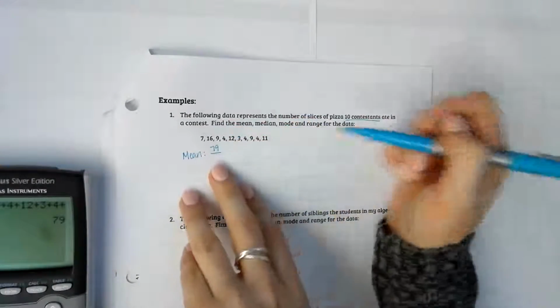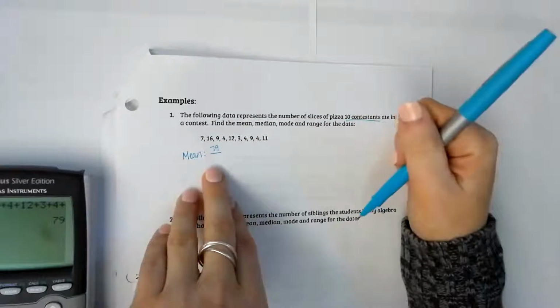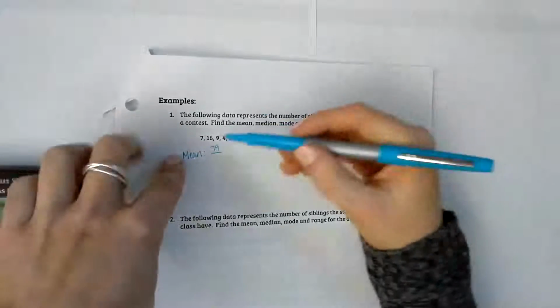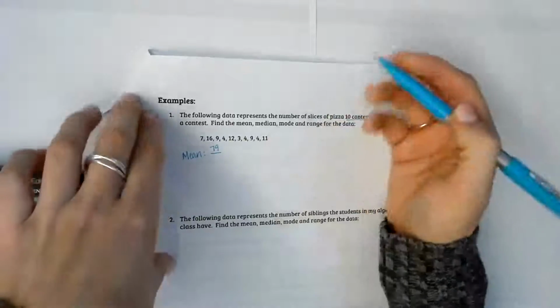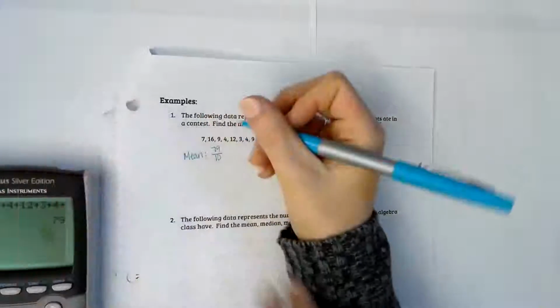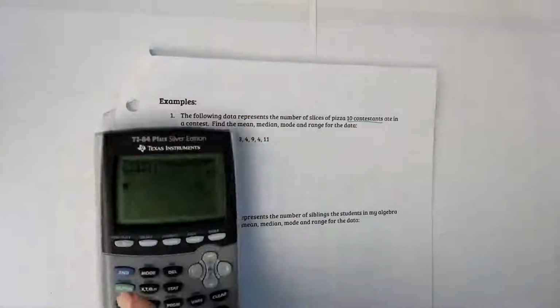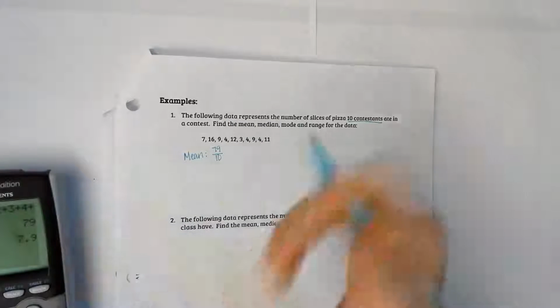So you would divide by 10, or you can just count how many there are if they don't tell you in the description. So 1, 2, 3, 4, 5, 6, 7, 8, 9, 10. So yes, there is 10. If I divide that by 10, that equals 7.9.